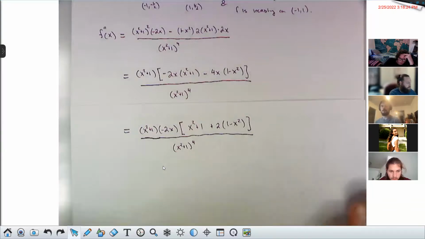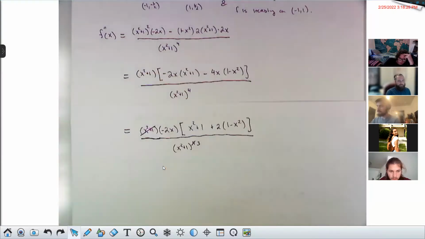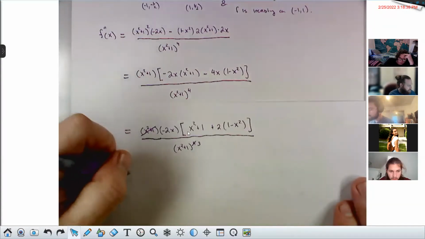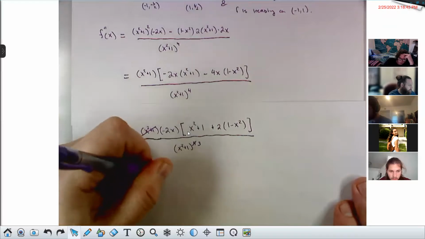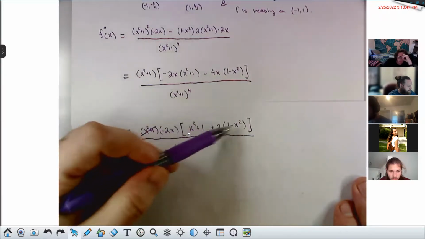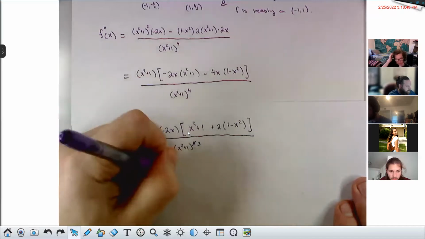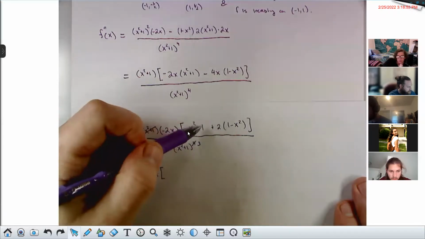I can cancel the x squared plus 1 here with one of these powers down here. I can distribute the 2 in here and combine like terms. So I'll have 2 minus 2x squared. So what I'll get at the end of the day is negative 2x times, let's see, x squared minus 2x squared, and then 2 plus 1.